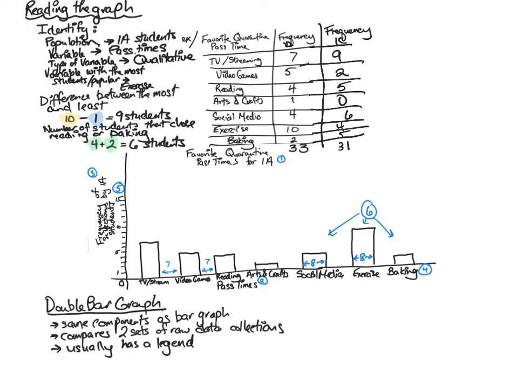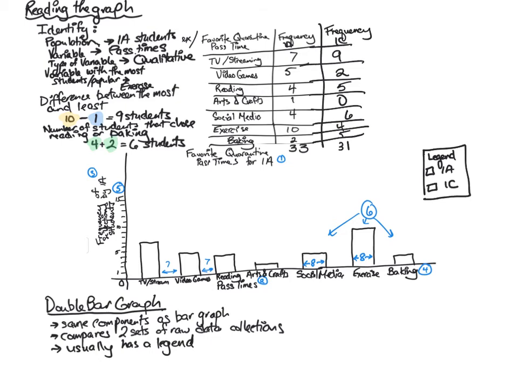Okay. So a double bar graph looks basically the same as a regular bar graph, except it's going to have 2 bars next to each other. And it's going to have a legend. So the legend usually appears on the side, and it tells you what each is. So we're going to have 1 box for 1A and 1 box for 1C.